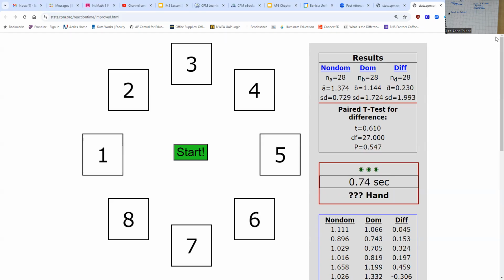Oh, on the non-dominant? Yeah, I was already on the non-dominant. I thought my left. What? I pressed start again. Did not do it? No, I did my dominant. Oh, yeah, press start again, sorry. Now you're gonna do the other one.